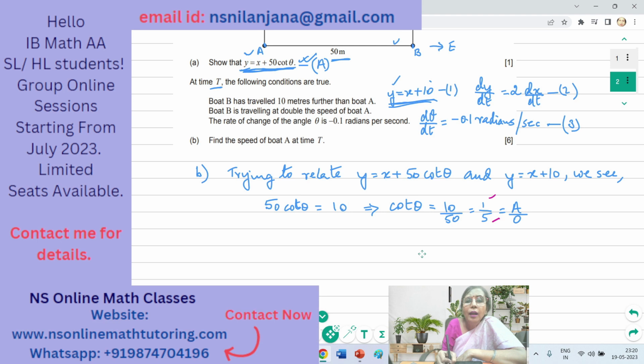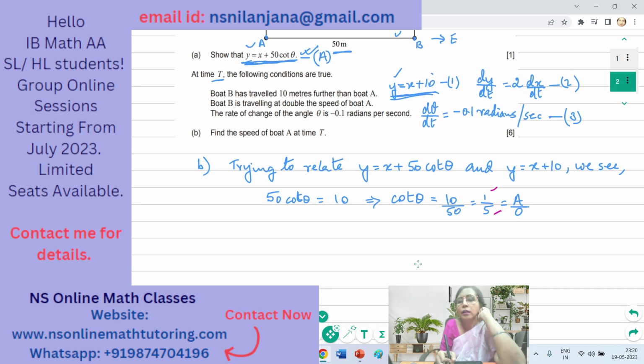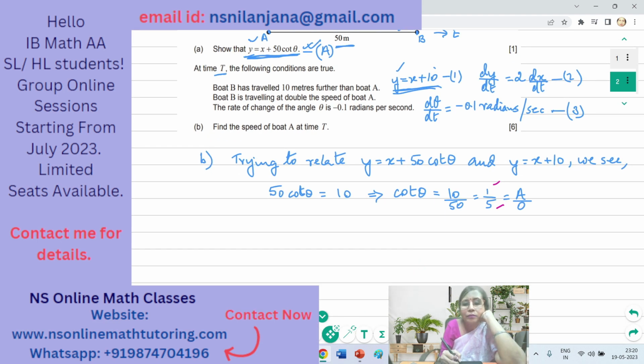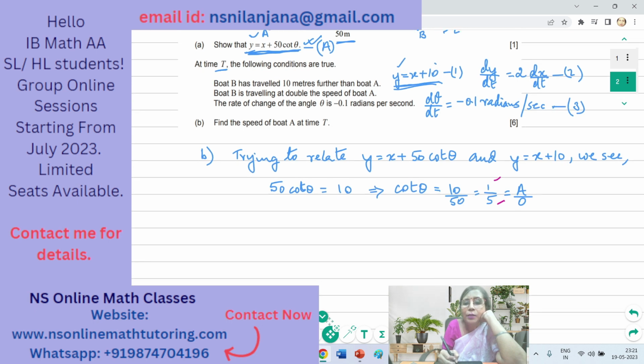Fine. So if we differentiate this, y equals x plus 50 cot theta, let us see what happens.